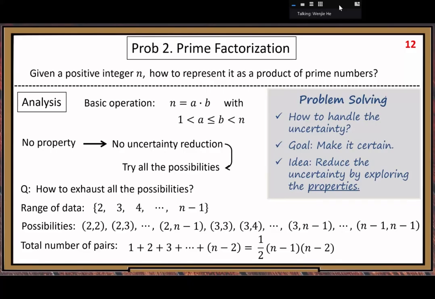So our computation is not efficient. This kind of computation, not efficient. So we need to find a more efficient way to do the testing.